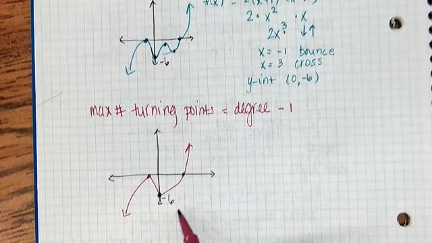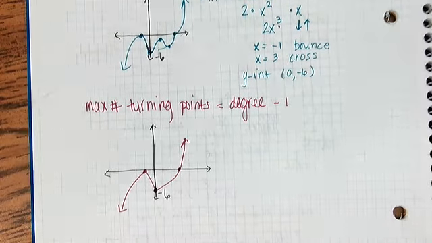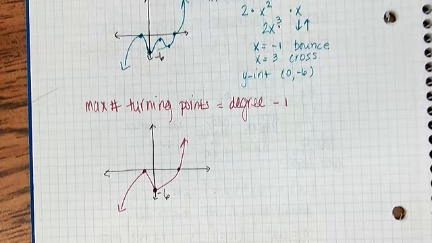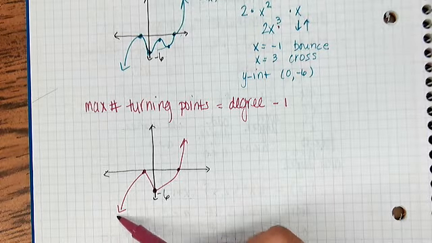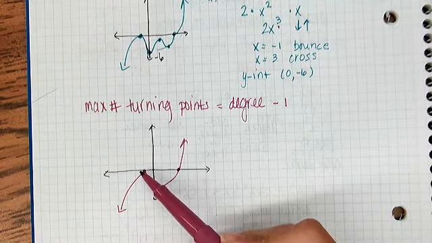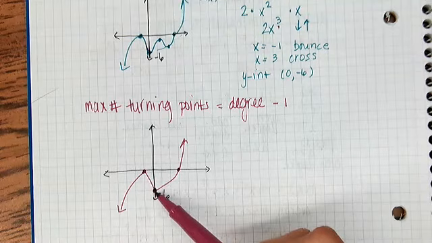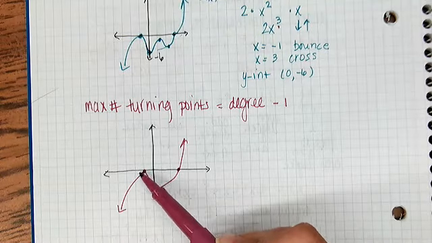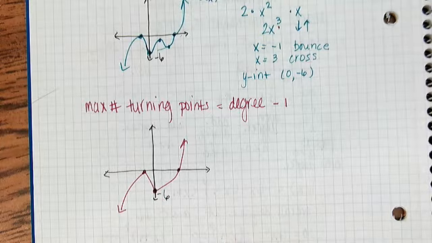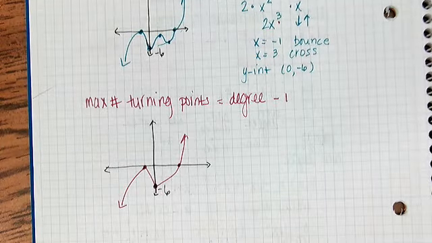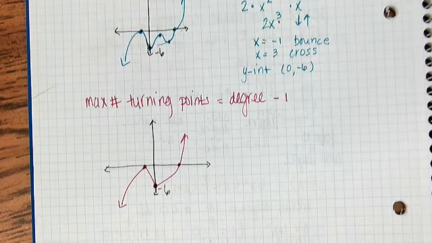Wow, it's not a very smooth curve. My other one looked better, but this is what the graph must look like. Up, increasing, boom, turning point. X is 0, turning point, back up. This has 1, 2 turning points, and this is the only possibility for what this graph can look like. And that's it.